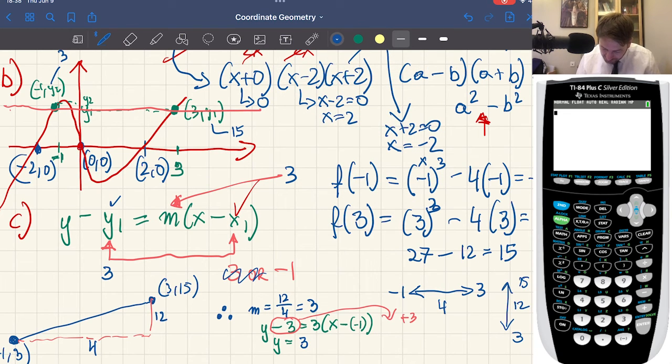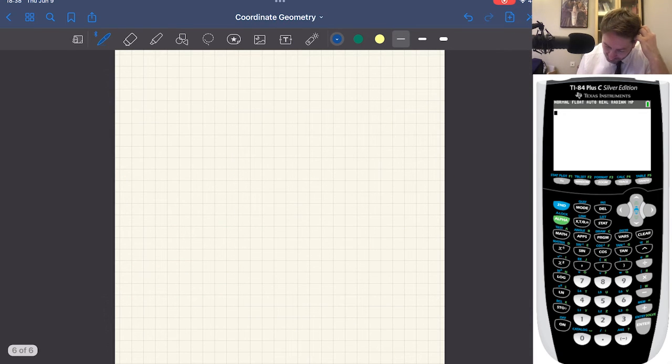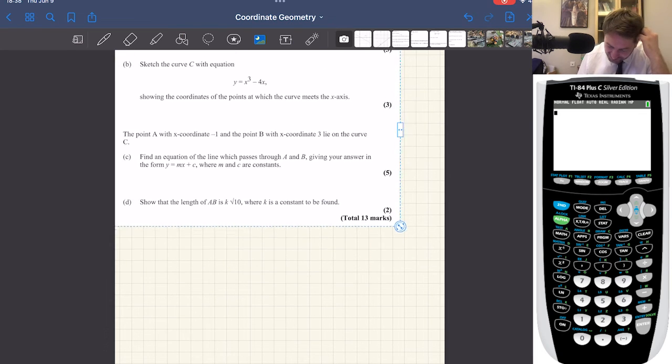So it's 3 times x, 3x. This whole thing is plus 1, so 3 times plus 1 is 3. And this 3 gives me y equals 3x plus 6. And there we go. That's our C. So let's figure out what is a D.